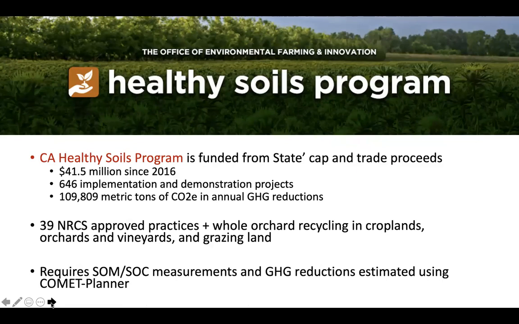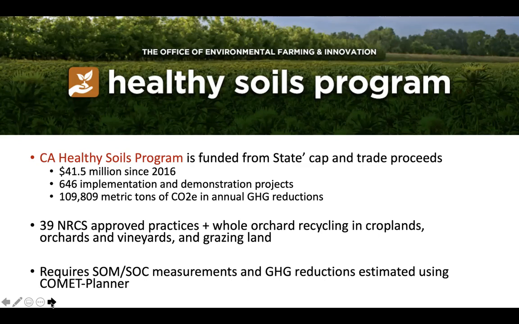The projects include both implementation projects that farmers and ranchers do to implement a new carbon farming practice, or demonstration projects, which are kind of a combination of implementation, but have some research component also to test new practices as well. And collectively, those have led to significant greenhouse gas savings across the state.